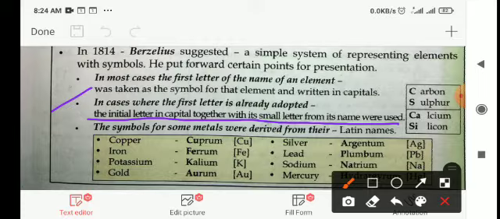For example, calcium. For calcium it should be C, but C is already used for carbon, so we cannot take only C. Now we take C with a, so the symbol of calcium will be Ca. Like that, silicon will be Si.